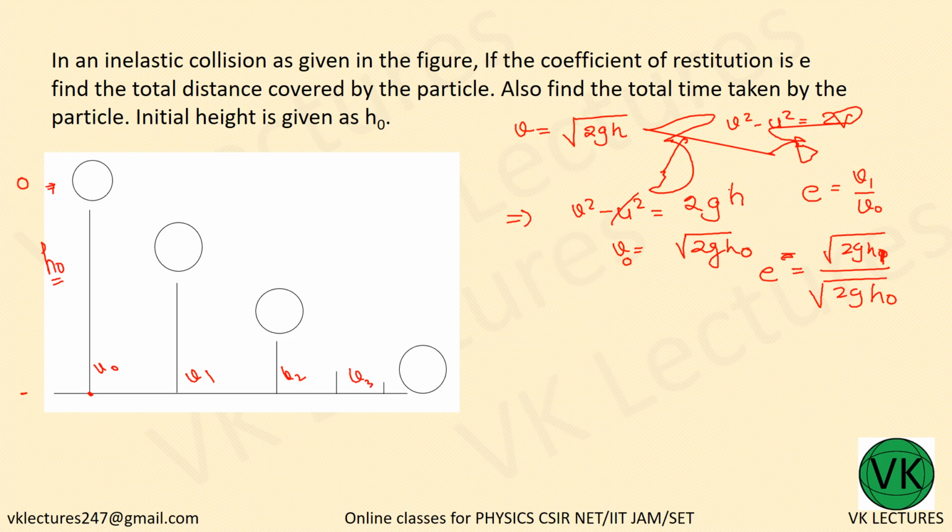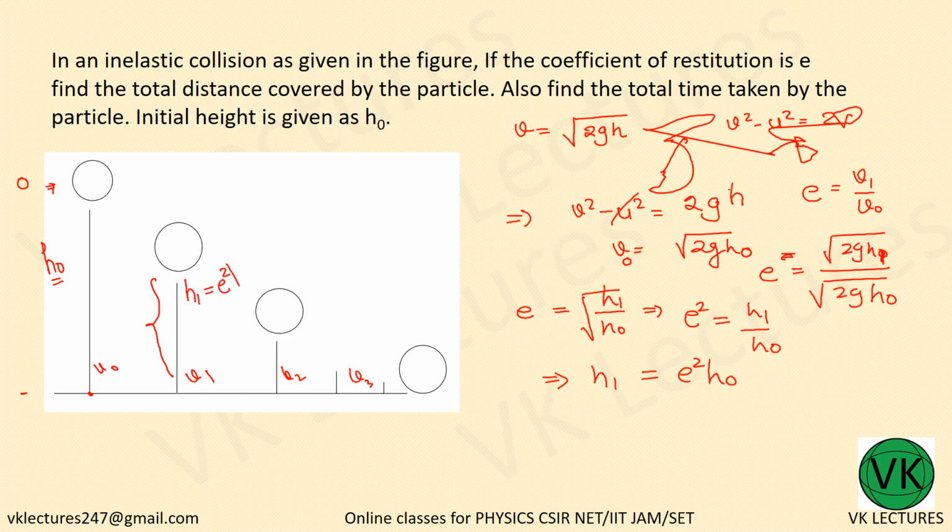Now root 2g and root 2g get cancelled, so e is under root h1 divided by h naught. Squaring, e square is h1 divided by h naught. Now from here I will get h1 equal to e square h naught. That means the height to which this ball goes up is h1, which is equal to e square h naught.